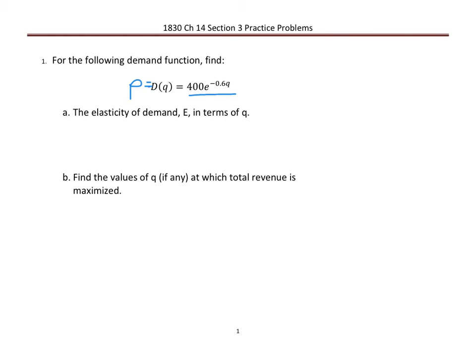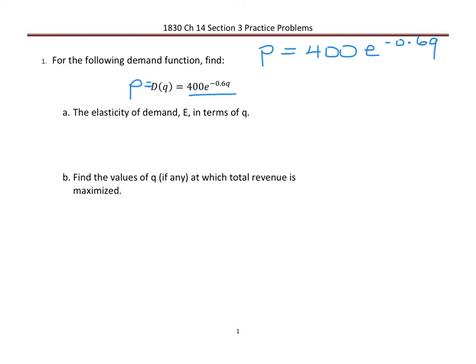So we're going to take the fact that p is equal to 400 times e to the negative 0.6 q, and we're going to solve that for q.